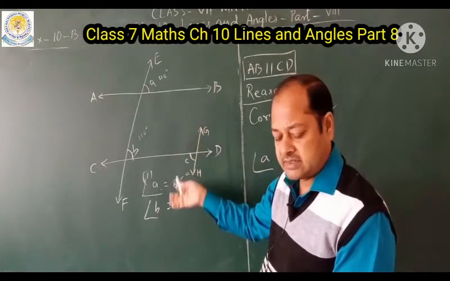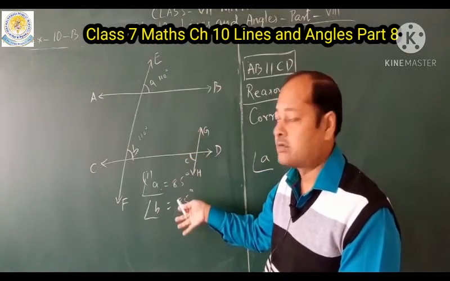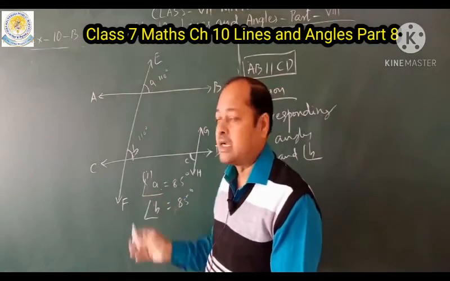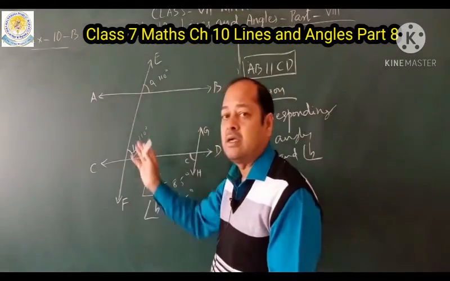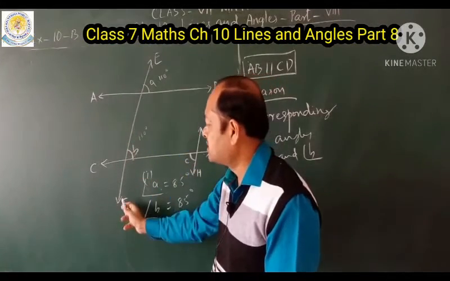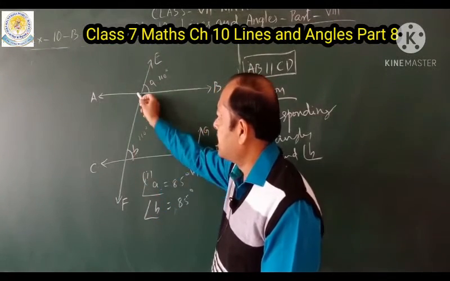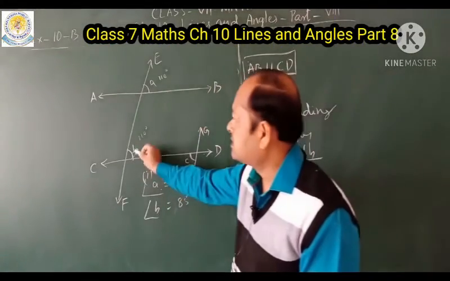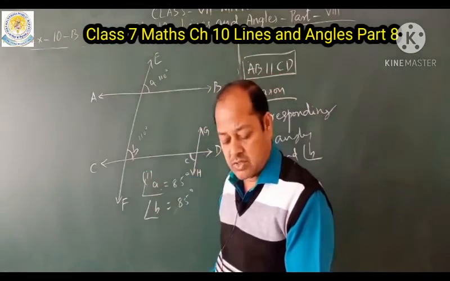The reason is corresponding angles. EF is the transversal, and if AB and CD are parallel lines, then angle A must be equal to angle B.